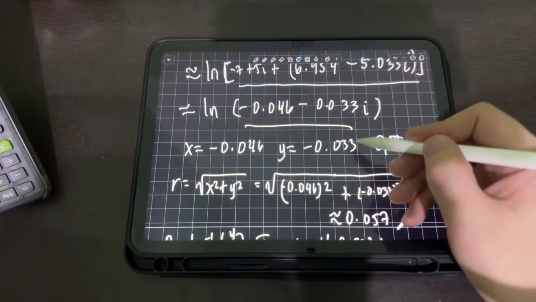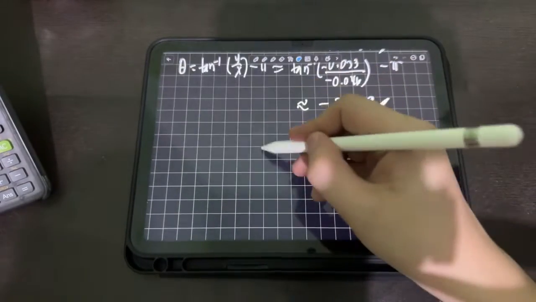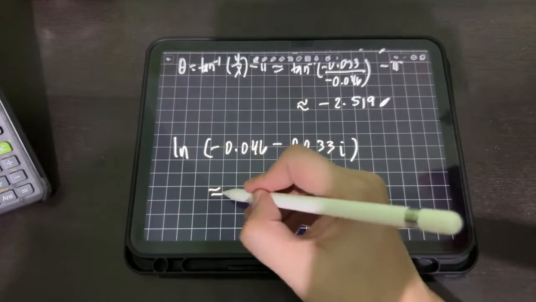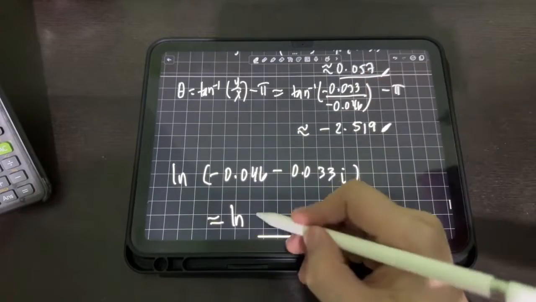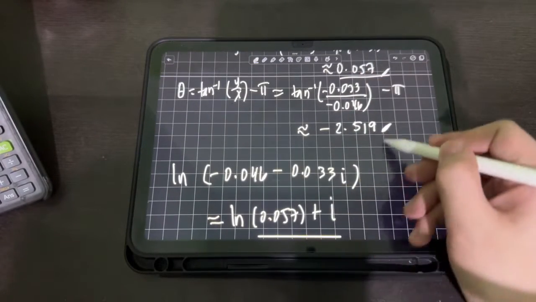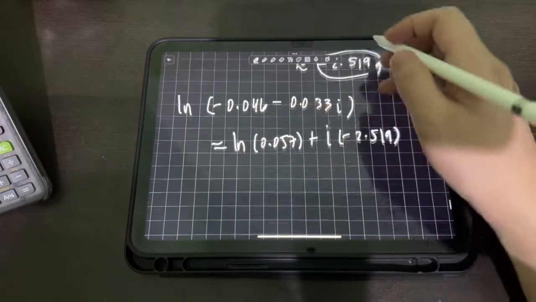Okay, now we're ready to evaluate this ln. The ln of this complex number is now equivalent to ln of r, 0.057, plus i theta, negative 2.519.